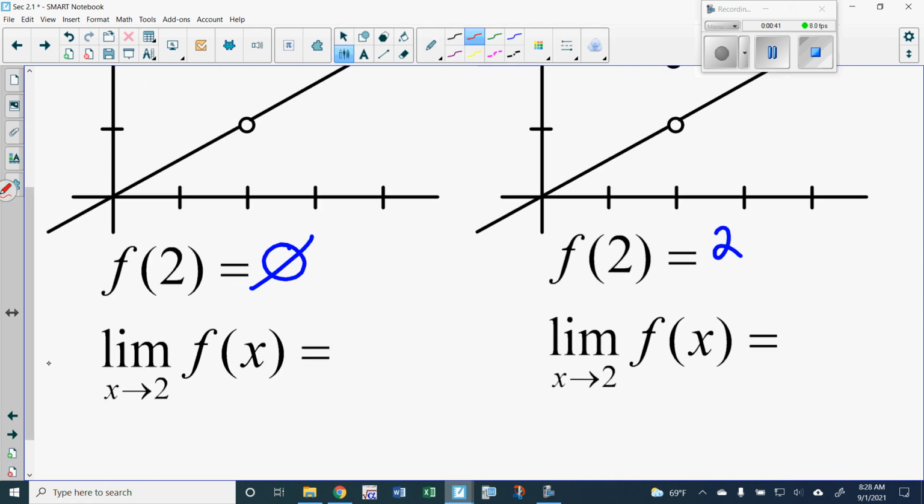So what about the limit? What about the limit of f of x as x approaches 2? Does the limit exist? When you think about the limit, one of the things to think about is our definition of a limit. For every epsilon greater than 0, there's a delta greater than 0, right?